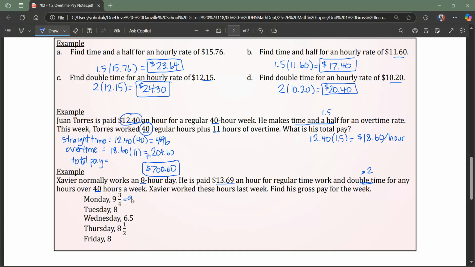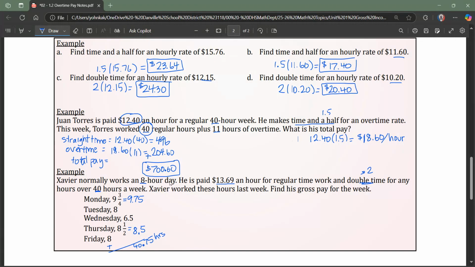Let's change that to 9.75, because if I do 3 divided by 4, I get 0.75. Tuesday was 8 hours. Wednesday, 6.5. Thursday, 8.5. And then Friday was 8 hours. All right, so if we total all of these hours up, that's 40.75 hours.